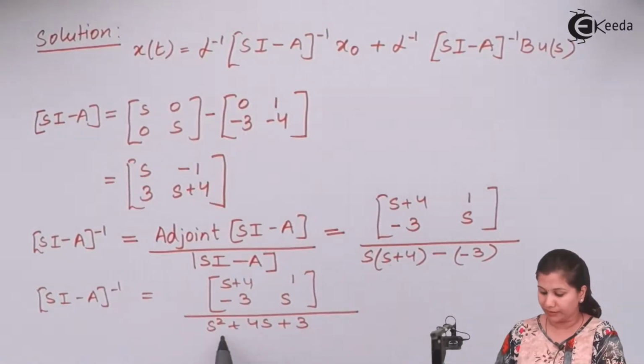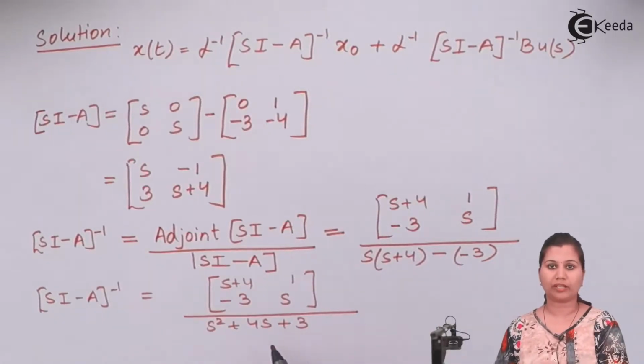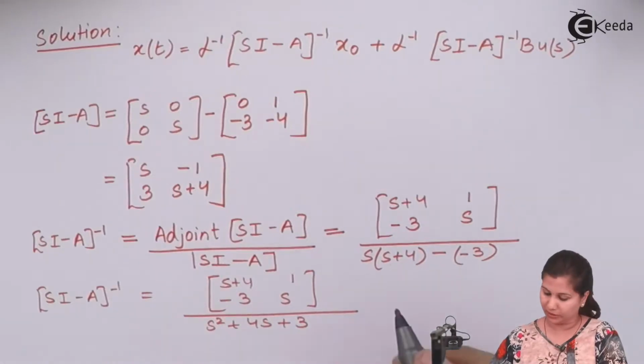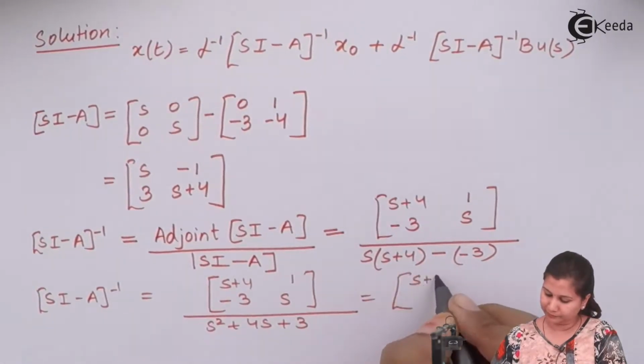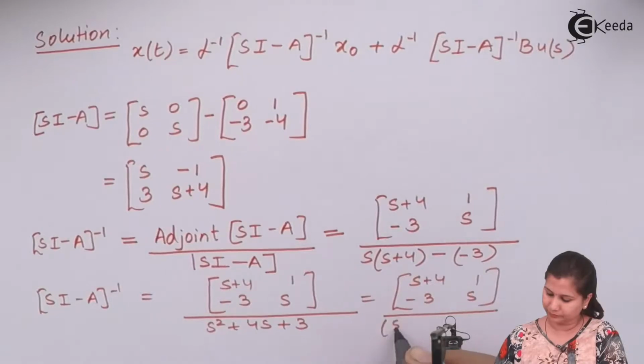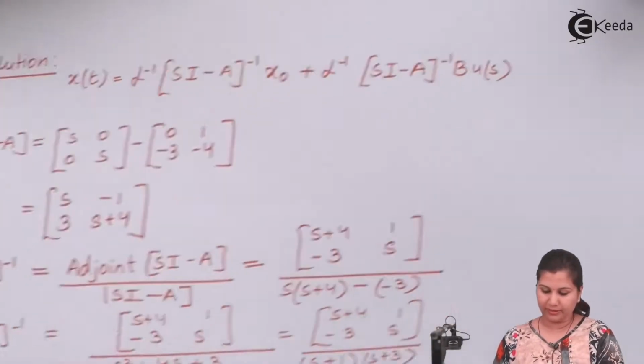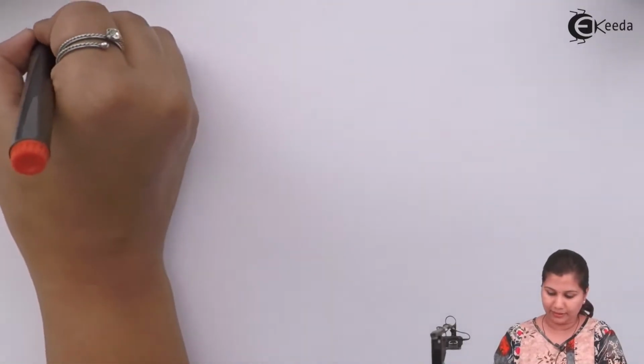Now this is a quadratic equation, we can solve it. So its roots will be S plus 1 and S plus 3. Okay, so we have the (SI minus A) inverse.